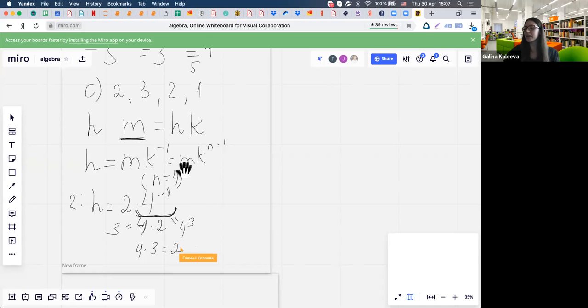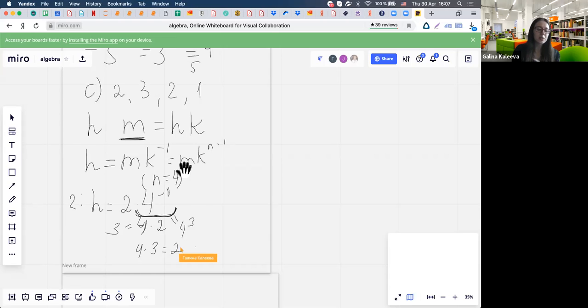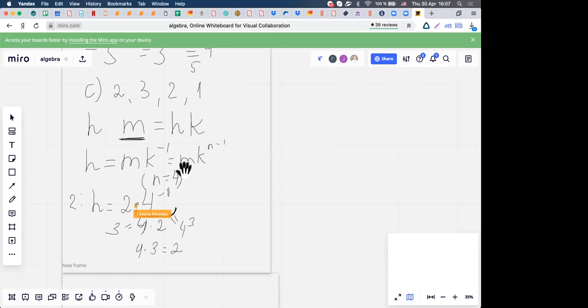It depends on the isomorphism. No. I mean, in this case, we need to multiply 2 on 4. We need to multiply 2 by 4 to the minus first power. And yeah, 4 in the minus first power is 4 in third power.